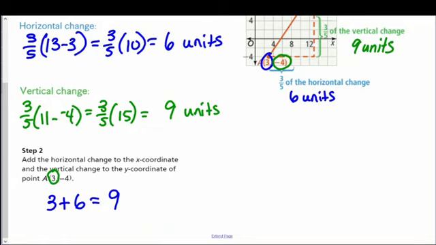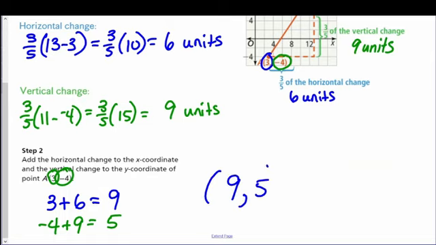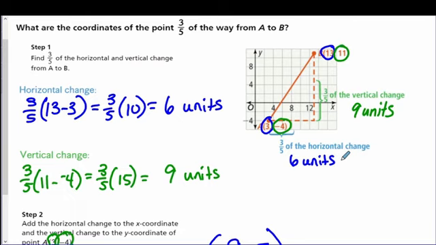And we're going to move 9 units up from -4. And -4 plus 9 is 5. So the point on this segment that is 3/5 of the way from A to B is going to be located at 9, 5, which would be right here. That point is 3/5 of the way from A to B.